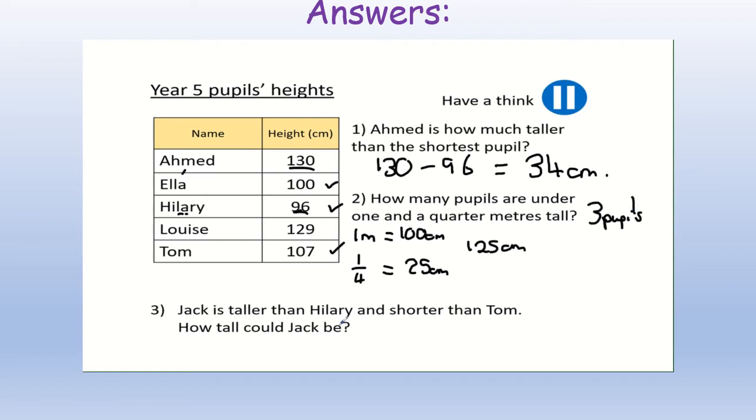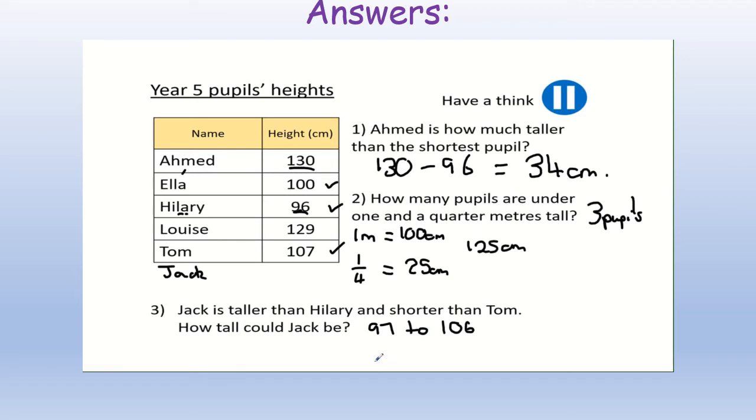Question 3. We're told that Jack is taller than Hilary, but shorter than Tom. How tall could Jack be? Well, Hilary is 96 centimetres, so he could be 97, but he's shorter than Tom, and Tom's 107 centimetres, so he could be 106, or anything in between.